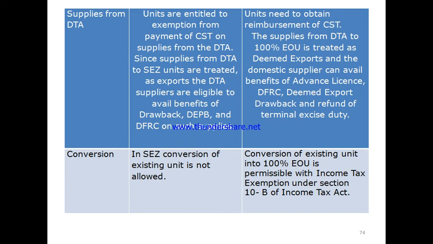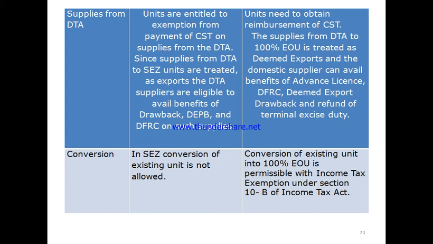Then if we take supplies from DTA, SEZ units are entitled to exemption from any type of payment of CST or central excise duties and all. But in case of export oriented units, the unit needs to obtain a reimbursement, meaning they need to pay taxes, and after that they can claim the reimbursement because they are treated as deemed export products.